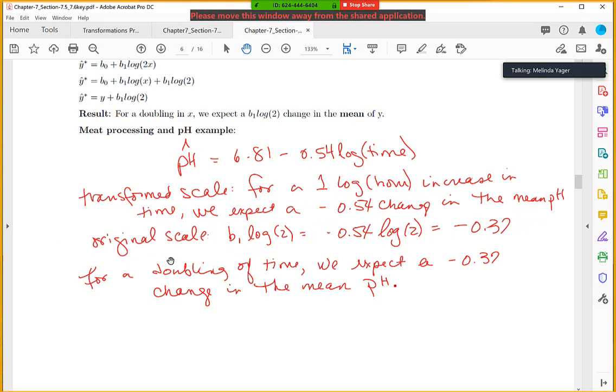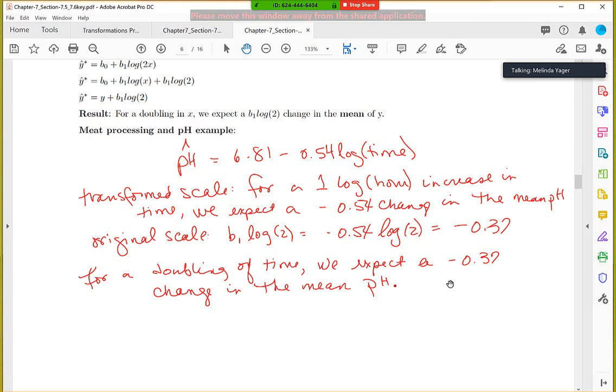On the original scale, we'd have to do that back transformation. So we're taking the value of slope times the natural log of 2, and that's negative 0.37. So for a doubling of time, my X value, we expect a negative 0.37 change in the mean pH.